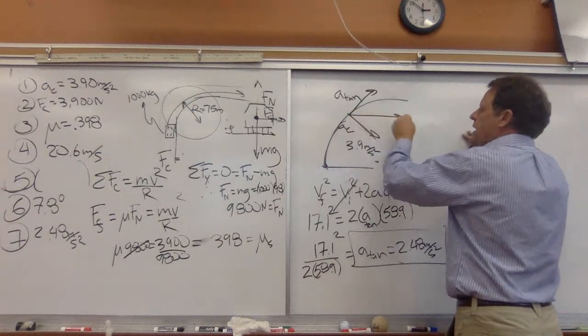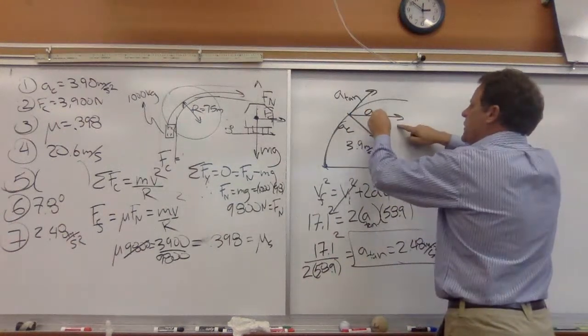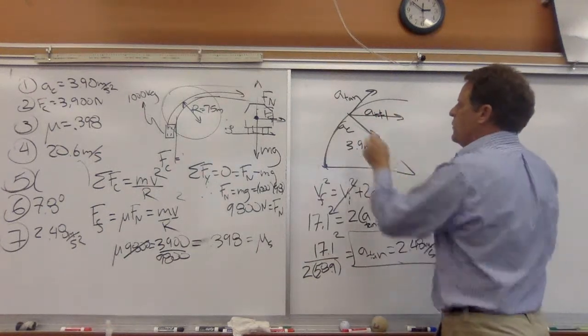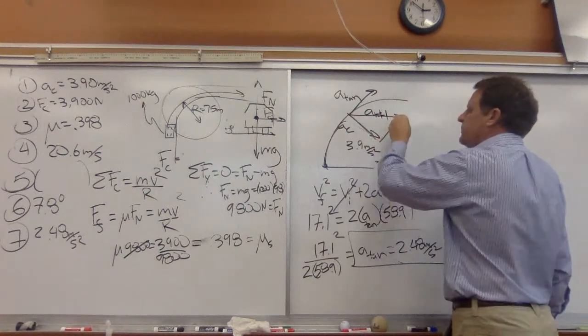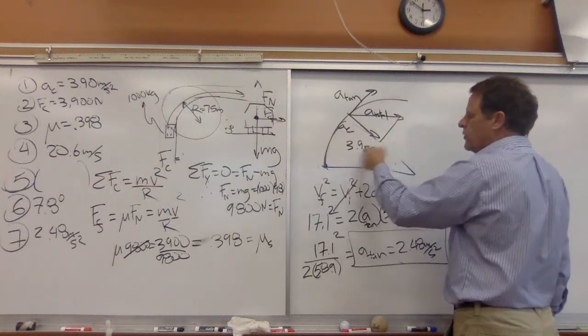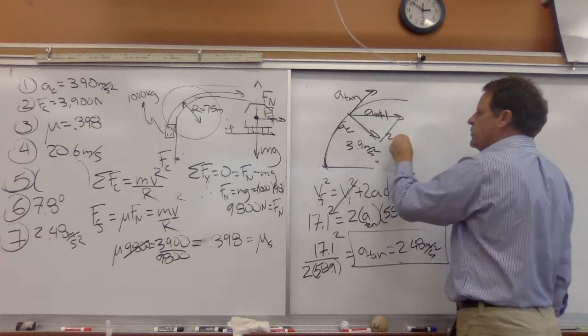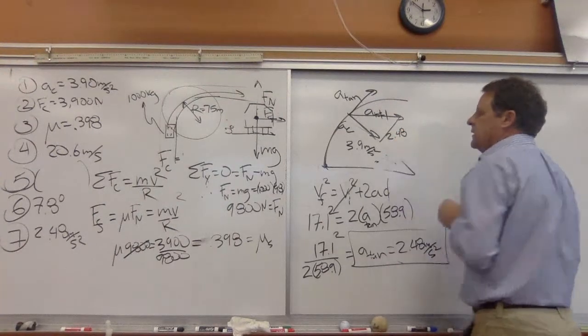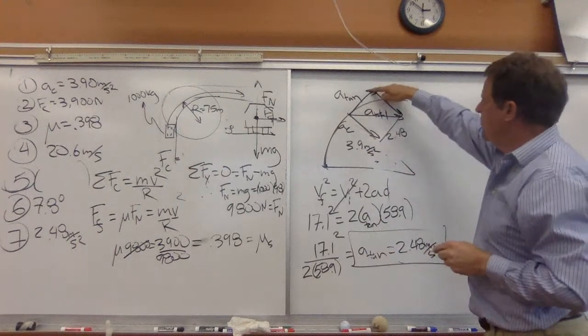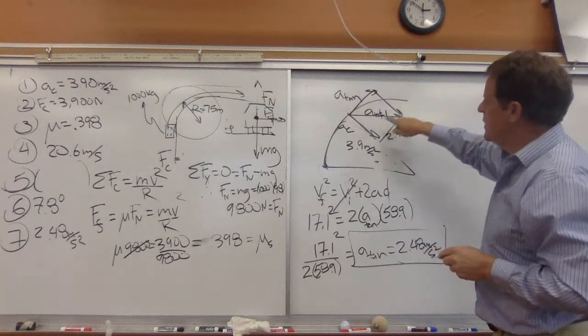And now this right here is the total acceleration. Remember, these are at a right angle. So towards the center is 3.9, and tangentially is 2.48.